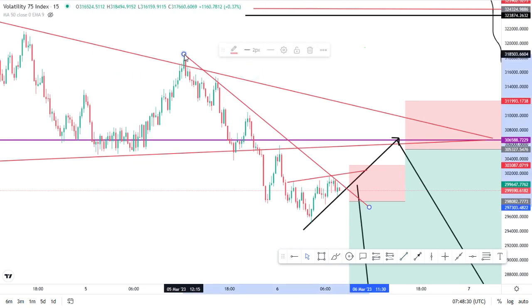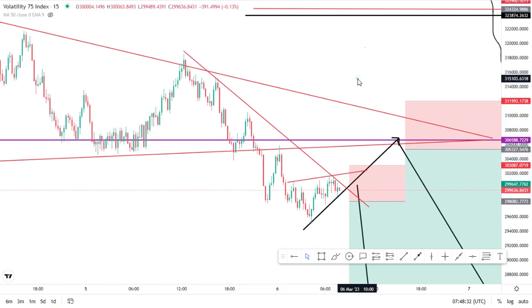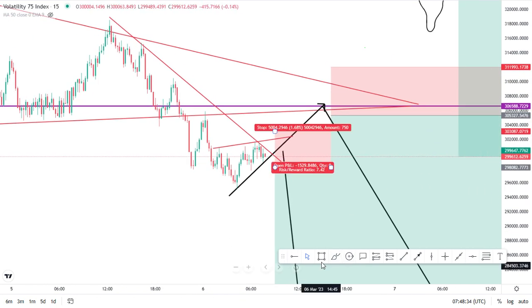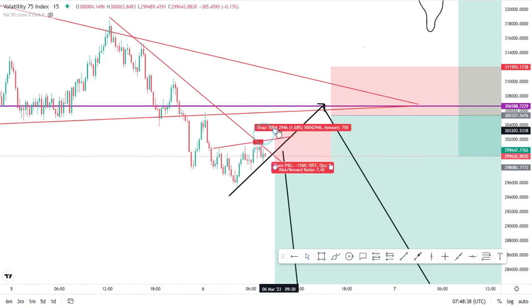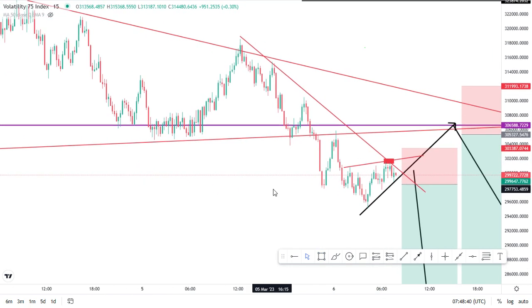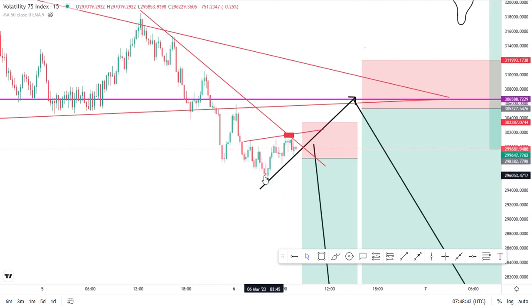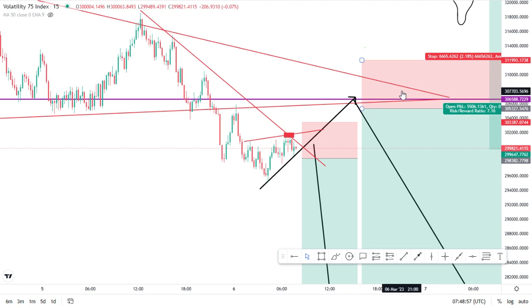If you put this trend line this way, you can still see that the trend line still falls at this zone. That's more reason why you need to come down to a lower time frame to see what the price is doing. The price is still at this zone, which is still confirming our entry, that the price is likely going to drop from here instead of retracing back to this zone.